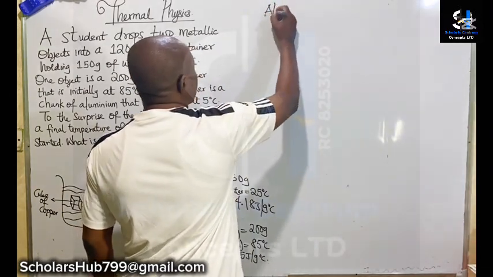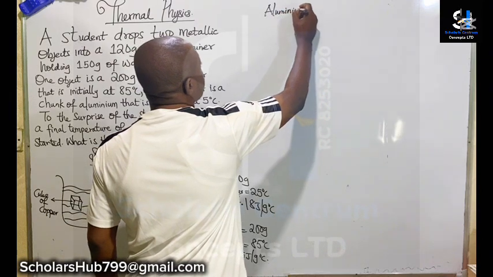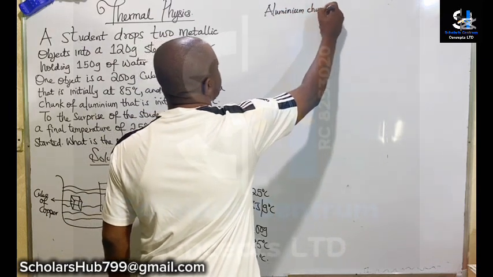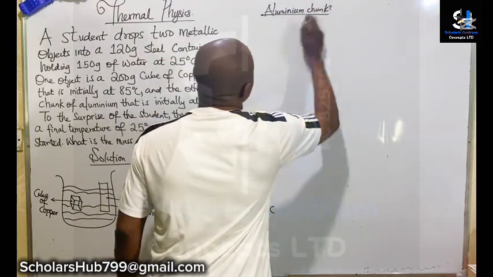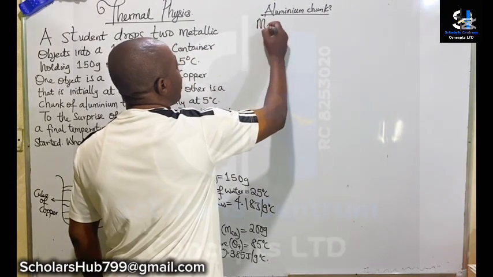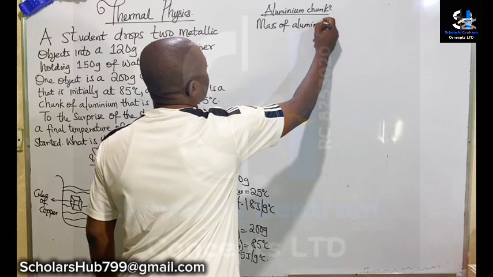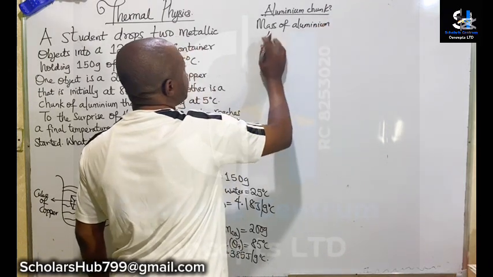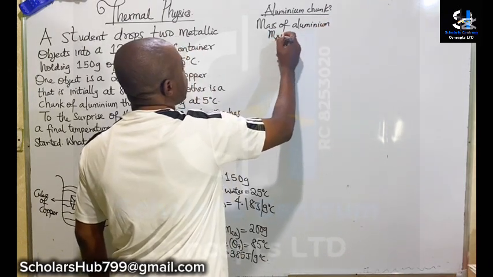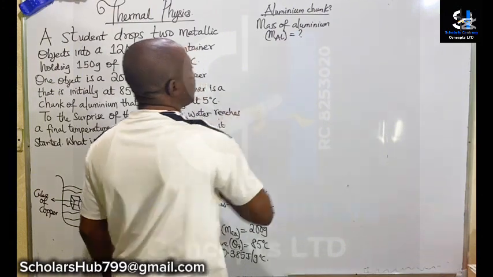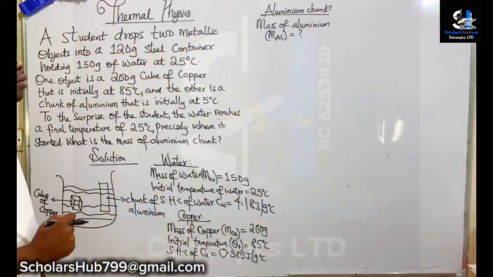We can call it the aluminium chunk. Now, in the case of the aluminium chunk, remember, we want to calculate the mass of aluminium, which we can designate as MAL.